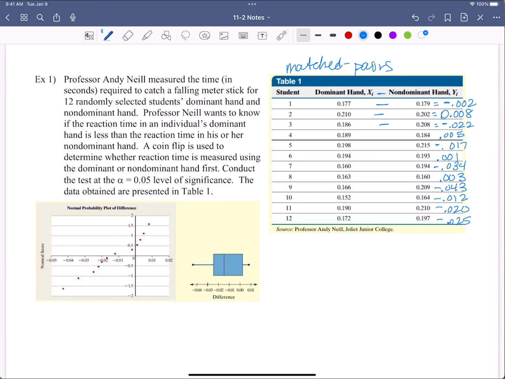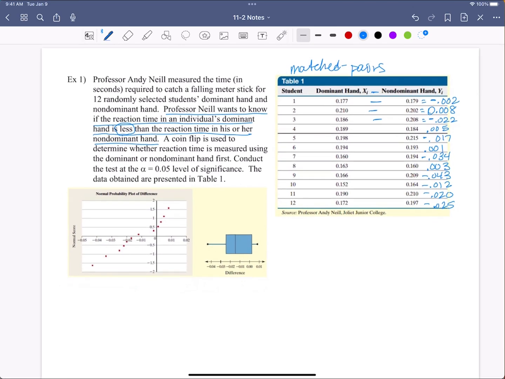Now, we've got all that set up, and we're trying to figure this out. What the question wants to know, let's underline it: if the reaction time in an individual's dominant hand is less than the reaction time in his or her non-dominant hand.